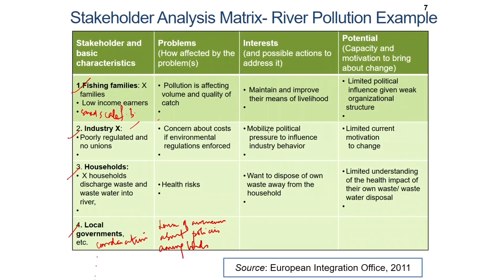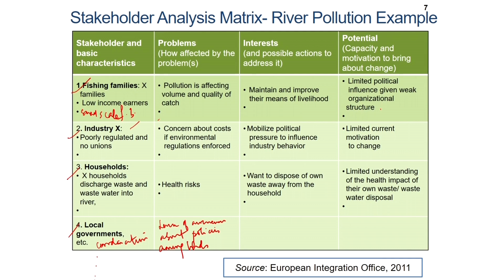Unions, their interest could be to mobilize political pressure to influence industry behavior. Households, their interest could be to dispose of their own waste away from the household. Depending upon their interest area, in the sense of what the stakeholders' interest is in this particular problem, they might want to coordinate and contribute to the solution of this problem.